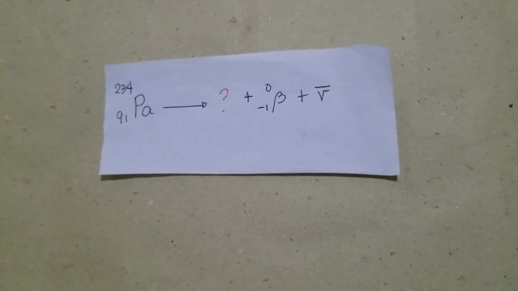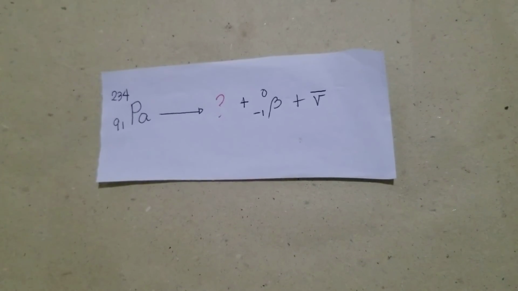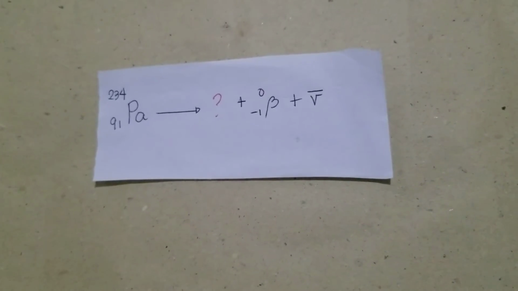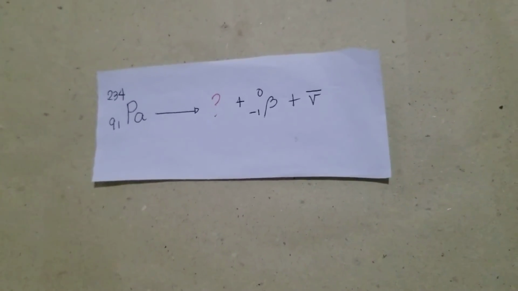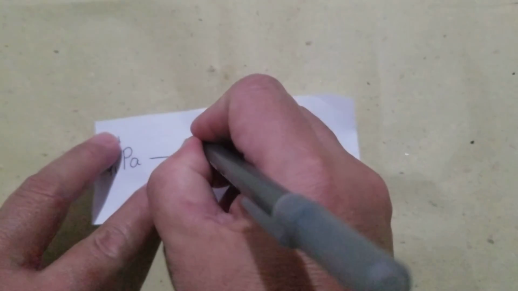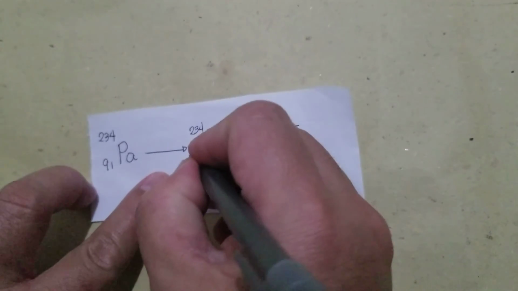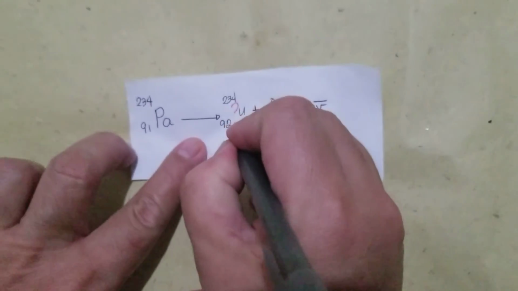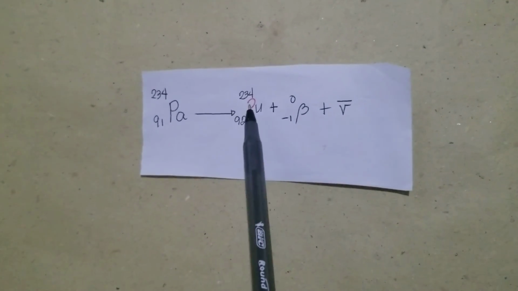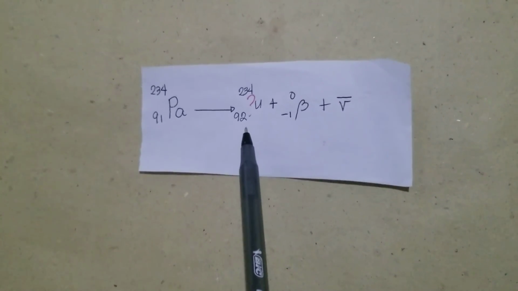The missing particle is uranium-234. So the equation would be uranium-234 with a charge of 92.